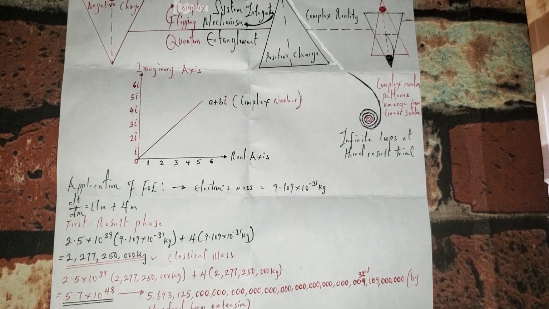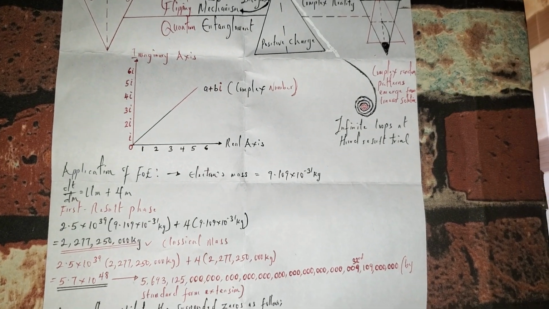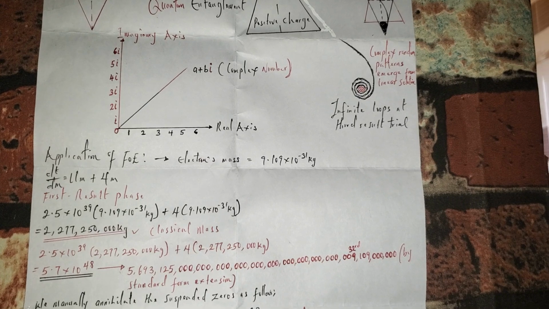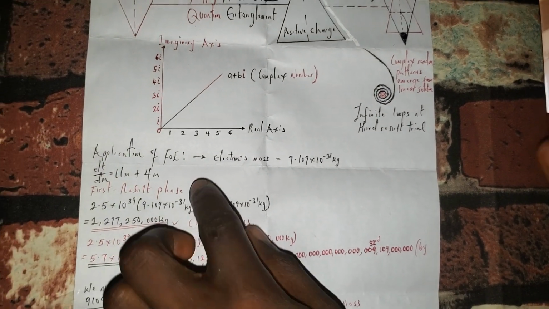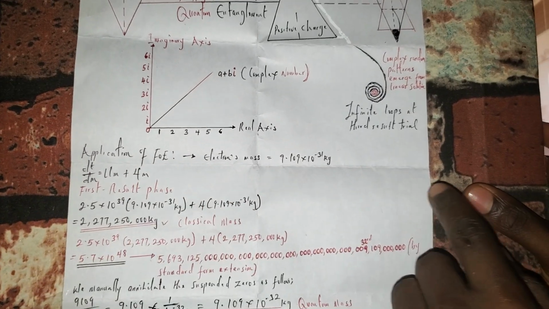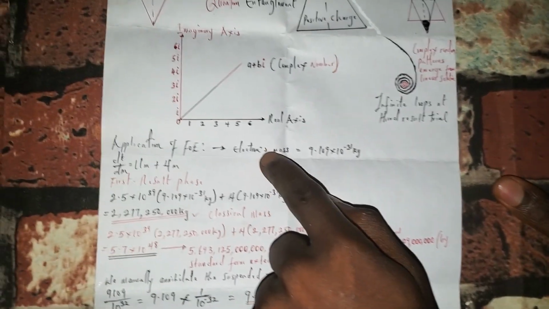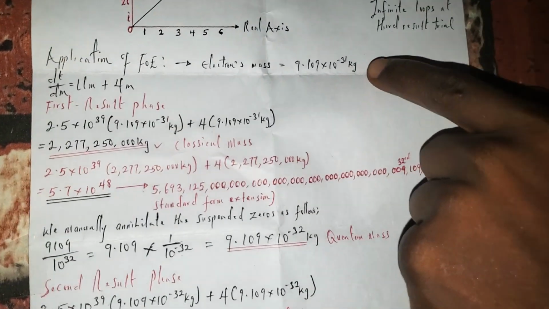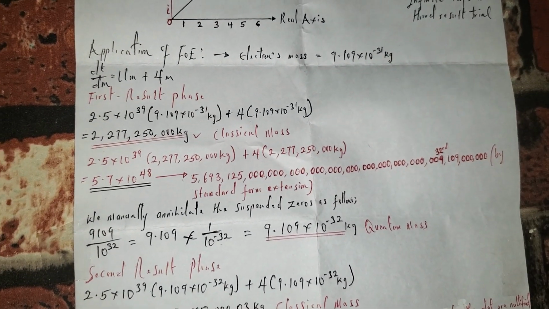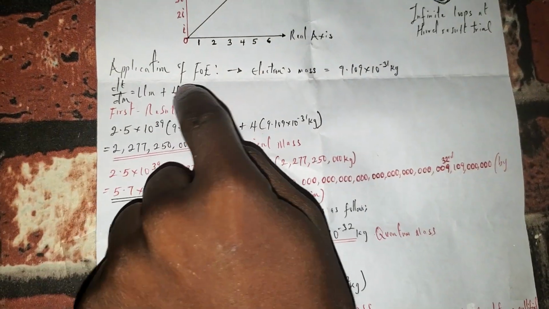So now let's look at how we can use the formula of everything to go deep into the black hole for us to see what is happening right there. Application of formula of everything. So in this case, we're going to use the electron's mass, which is 9.109 times 10 raised to the power minus 31 kilogram. Now this is the formula of everything.